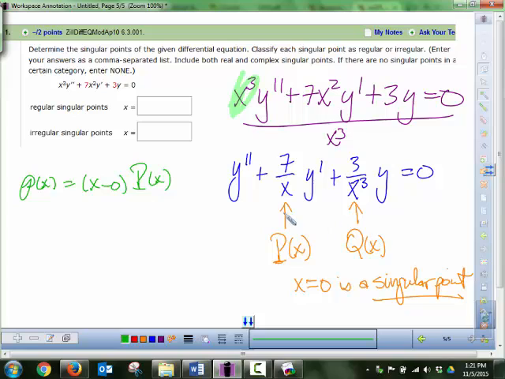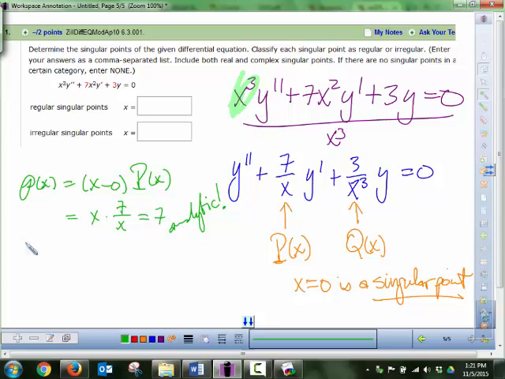So when I do that, I get x times 7 over x, which is equal to 7. That's a nice function, a constant. The point is that there are no singularities there. There are no zeros in a denominator. So this is analytic for all real numbers. So that's good. So this looks like it might be a candidate to be a regular singular point.